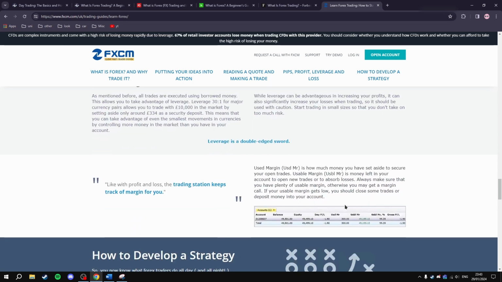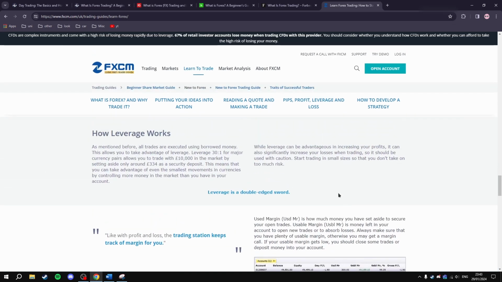How leverage works. As mentioned above, all trades are executed using borrowed money. This allows you to take advantage of leverage.